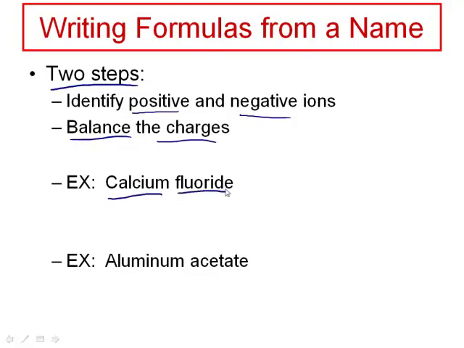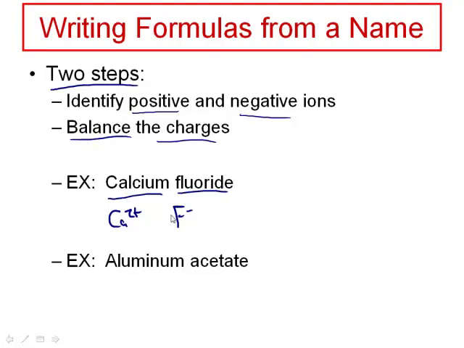You need to know the charges of your ions. So calcium, we know, is going to be a 2+ charge. Fluoride is an F minus. Now, in order to make a good ionic compound, for it to be a correct formula, the total charge has to be 0.